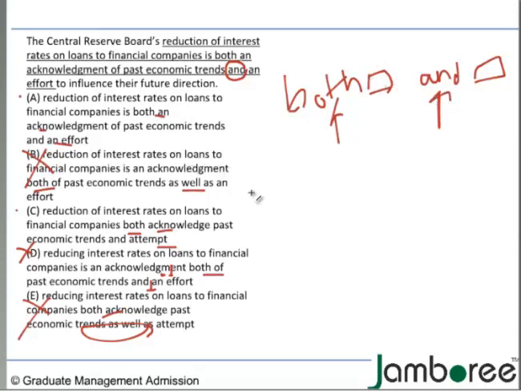Which one do I choose? For that I have to read a little bit. The CRB's reduction of interest rates on loans to financial blah blah blah is both and something. Sounds good. I don't see any error in this, so I still stick with this. Now the CRB's reduction of interest rates on loans, both acknowledge. Okay, now comes my problem.